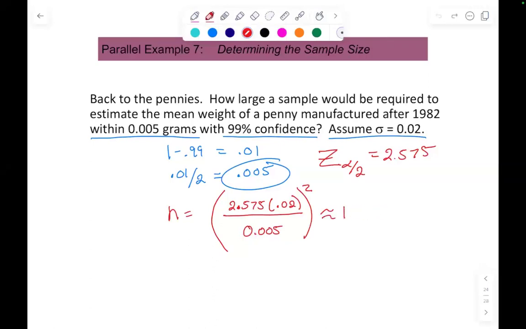Wow, that's really ugly. So we would have to round that up, so our N would have to be 107. Always round up. So I would need a sample size of 107 to get it within 0.005 grams and a 99% confidence interval. Questions?